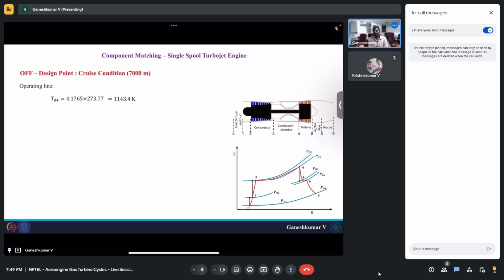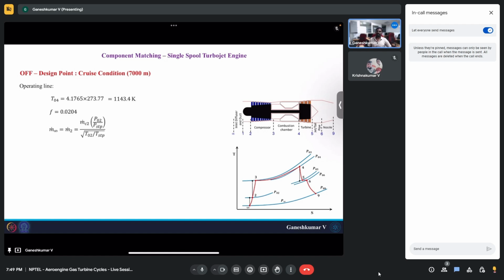So this is how you get T04 as 1143.4 Kelvin. Then you have the fuel air ratio, which is 0.0204. The fuel air ratio for the design condition was 0.02143, so here it is a little bit lower.